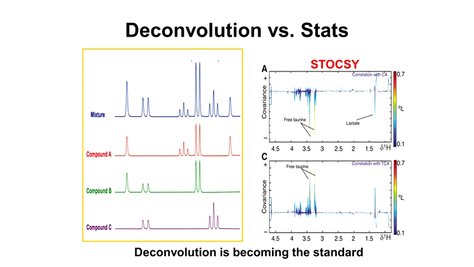So in that regard, deconvolution is becoming a standard, but it is a method I will strongly emphasize here. And I think it is relevant because we now understand and can measure almost all of the compounds in a given NMR sample. We aren't dealing with dark matter. We aren't dealing with unknowns. Everything that you can see by NMR is probably a known compound in which an existing chemical standard either can be bought or easily synthesized.